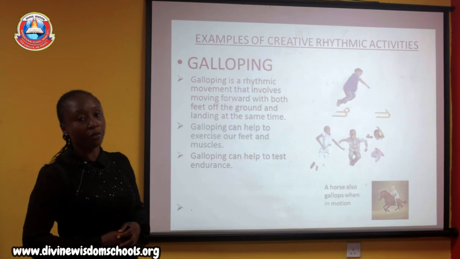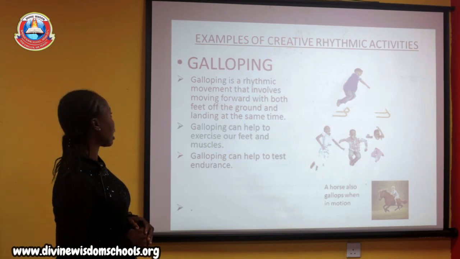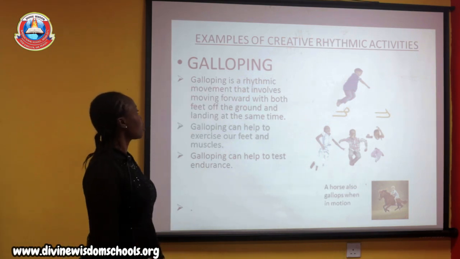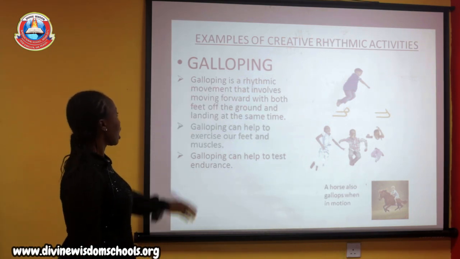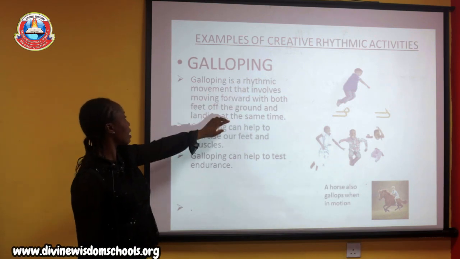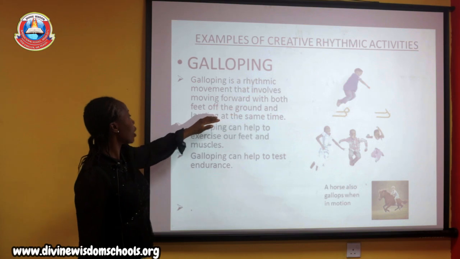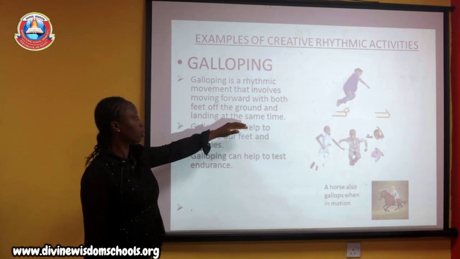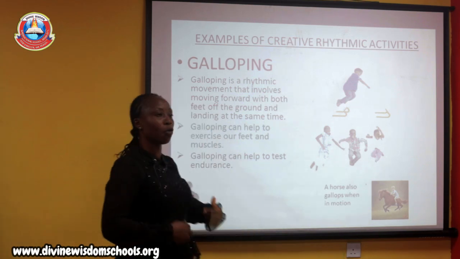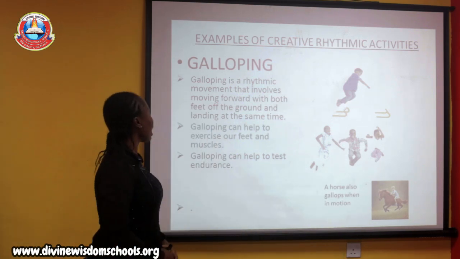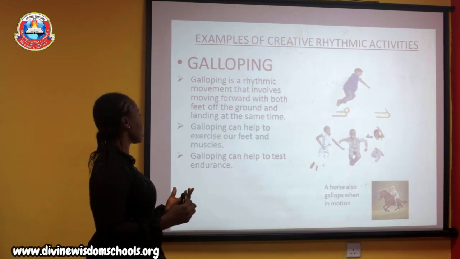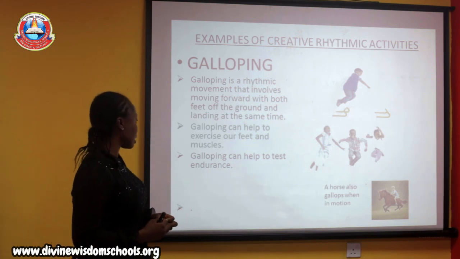Another example of creative rhythmic activities is galloping. What is galloping? Galloping is a rhythmic movement that involves moving forward with both feet off the ground. You move both feet off the ground. That is galloping. And galloping is a type of exercise.